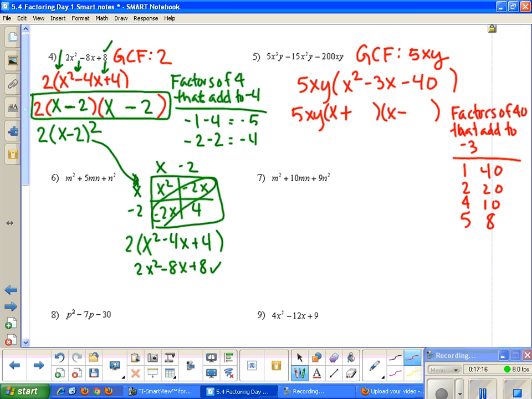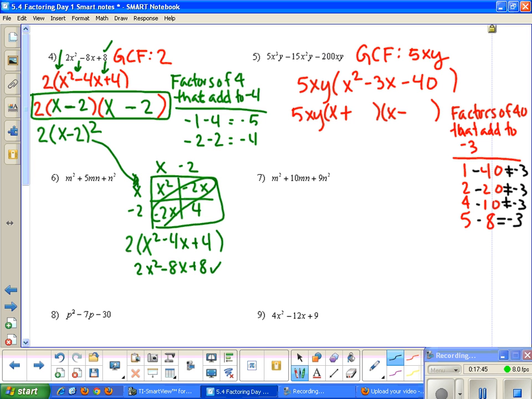So the larger number has to be negative because my middle term is negative. So that means this is the larger number, this is the larger number, this is the larger number, and this one's the larger number. So 1 minus 40 does not give me negative 3, so it's not going to be that one. 2 minus 20 does not give me negative 3, so it can't be those terms. 4 minus 10 does not equal negative 3. 5 minus 8, however, does equal negative 3, and that's what we need.